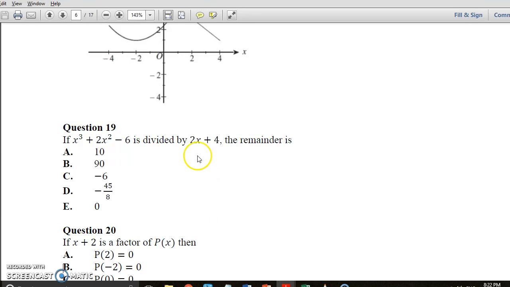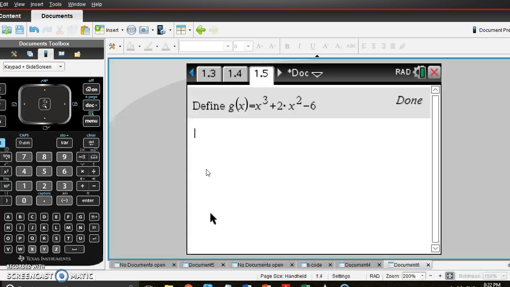And then now this thing here, 2x plus 4. So then with this thing, we've got to let this now equal 0, and that's what we're going to substitute in. So 2x plus 4 equals 0.